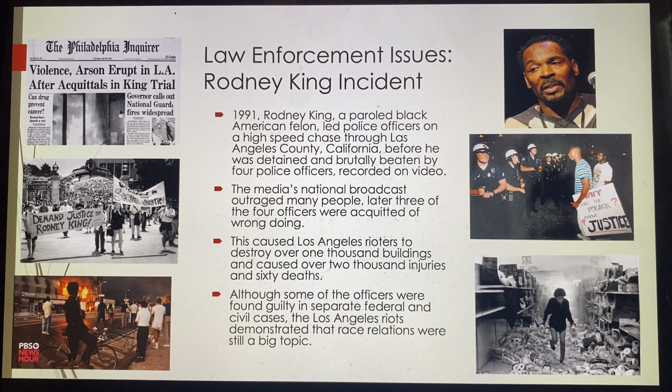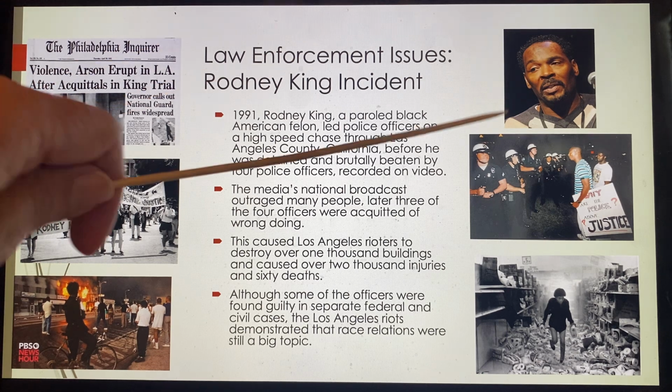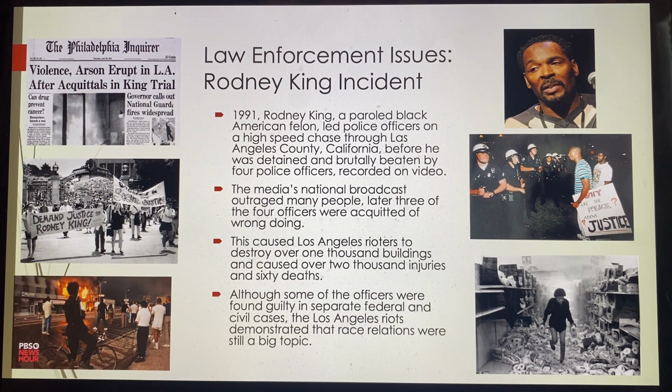He did not die right after this either. Later on he would. He actually drowned in a swimming pool a few years later. But can you imagine? Rioters just started rioting in the stores.